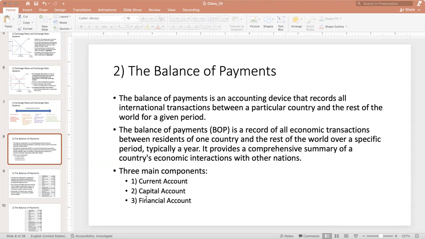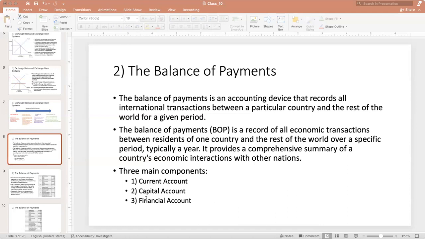Lastly, we have the financial account, which captures international capital flows and changes in ownership of financial assets. This account includes direct investment, portfolio investment, and other forms of investment, as well as reserve assets held by the central bank. It is important to note that the balance of payments follows the principle of double entry bookkeeping.